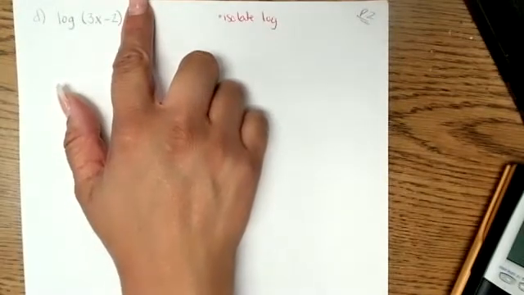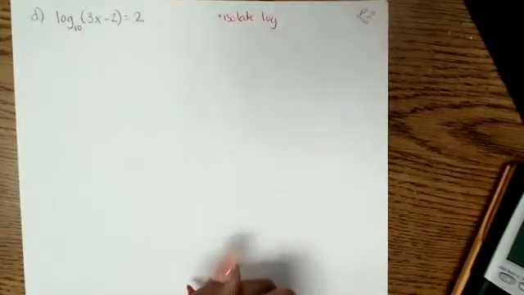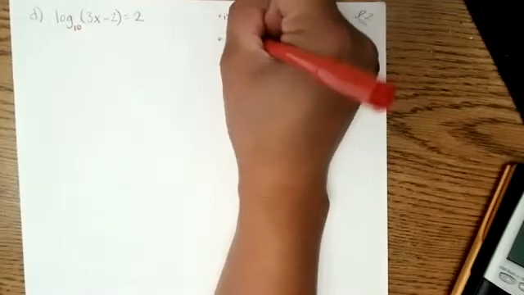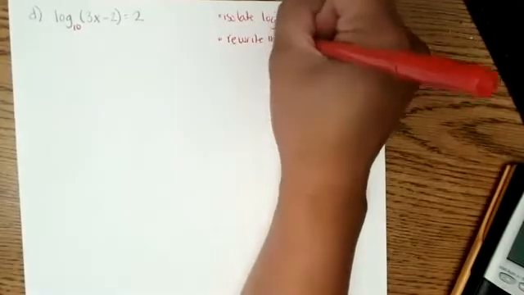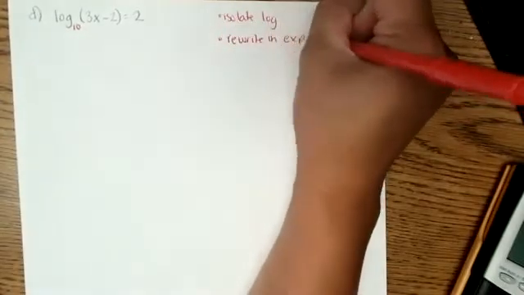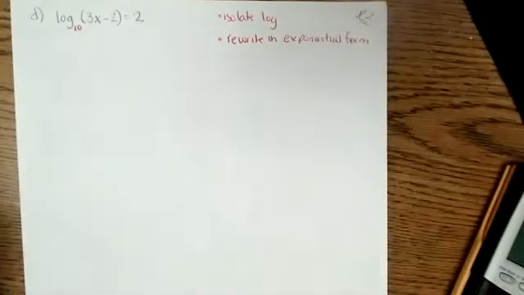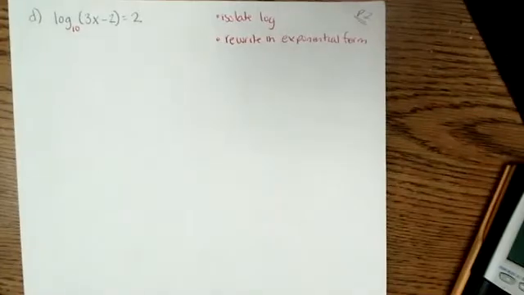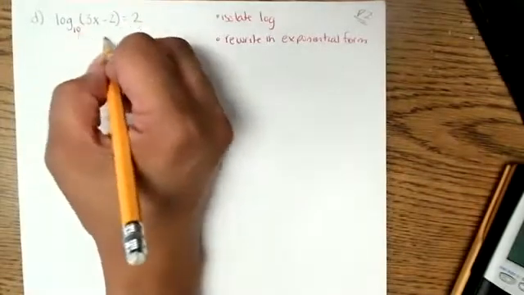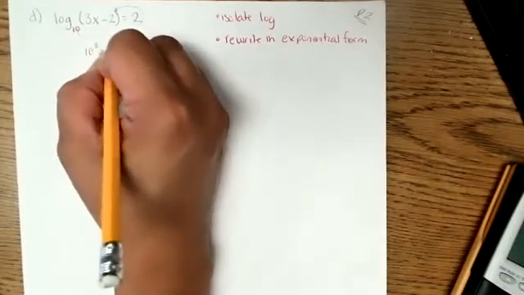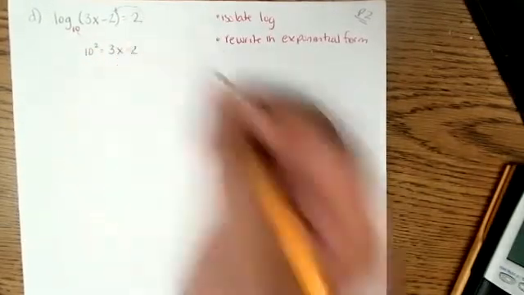Keep in mind that this is base 10. You just don't see it. I'm going to change this to exponential form. So we're going to rewrite in exponential form. So this is going to be 10 squared equals 3x minus 2. Now you just got to go ahead and solve it.